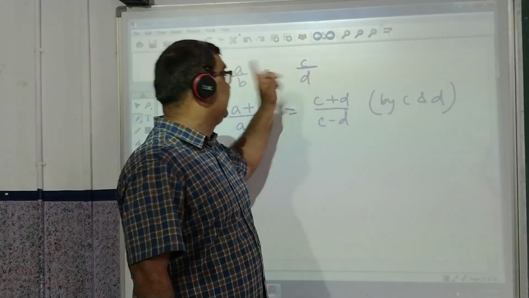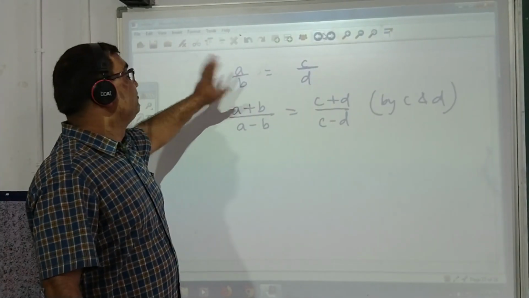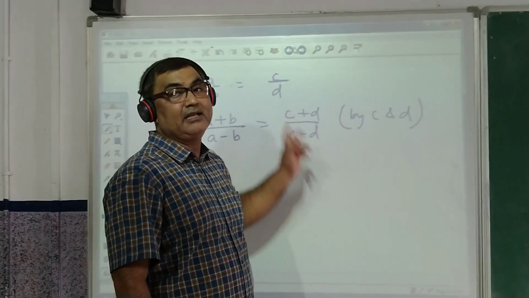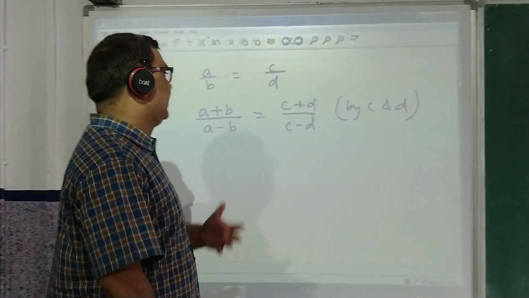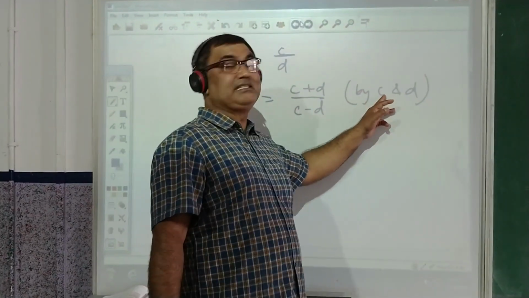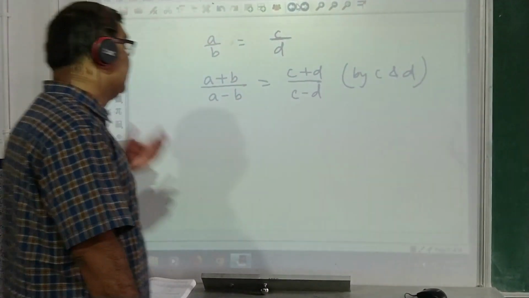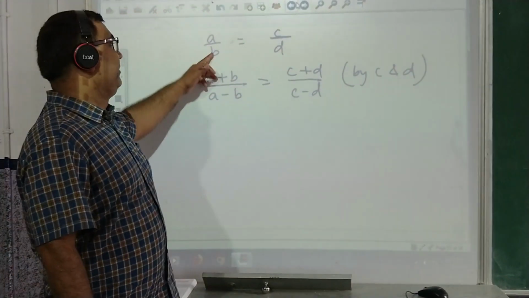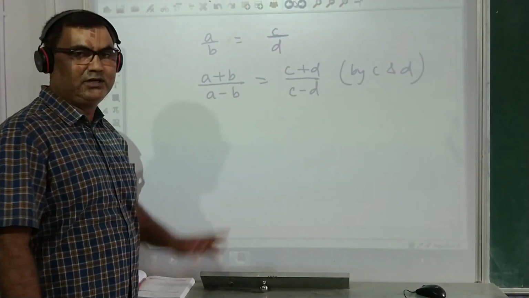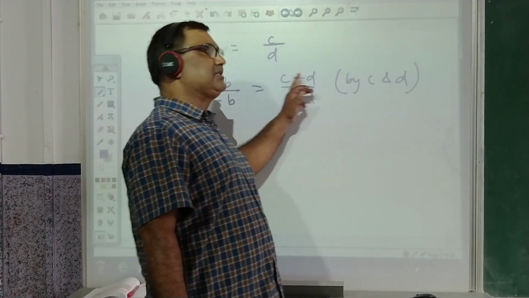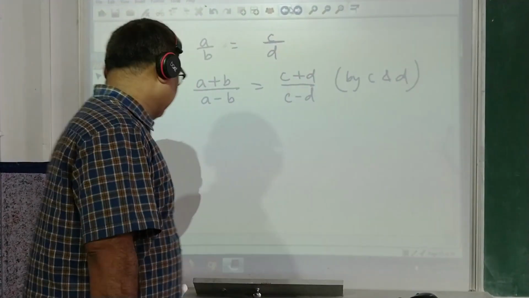C is not subtracted, d is subtracted. So again I repeat, a by b equals c by d, using componendo and dividendo. This C stands for componendo, D stands for dividendo. Altogether, a by b equals c by d is equal to (a plus b) by (a minus b) equals (c plus d) by (c minus d).